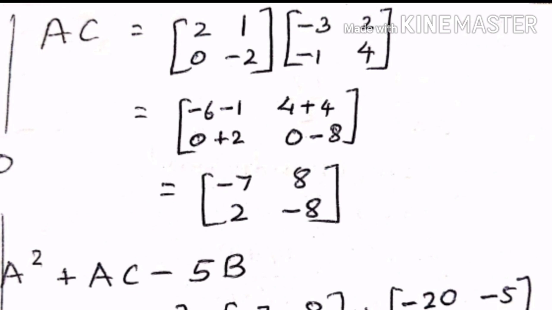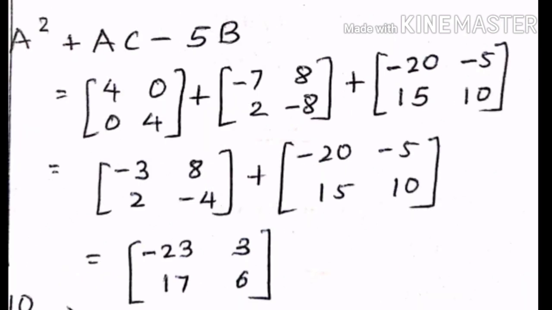I get minus 7, 8, 2, minus 8, and then we have to take the addition with A square plus AC minus 5B, meaning the A square value we found, the AC value we found, and then the B matrix we multiply by minus 5, and then we take the addition of all these 3 matrices. So here I get my last answer, as I have taken the addition of all the 3 matrices. So I get minus 23, 3, 17, 6. This is the final answer.